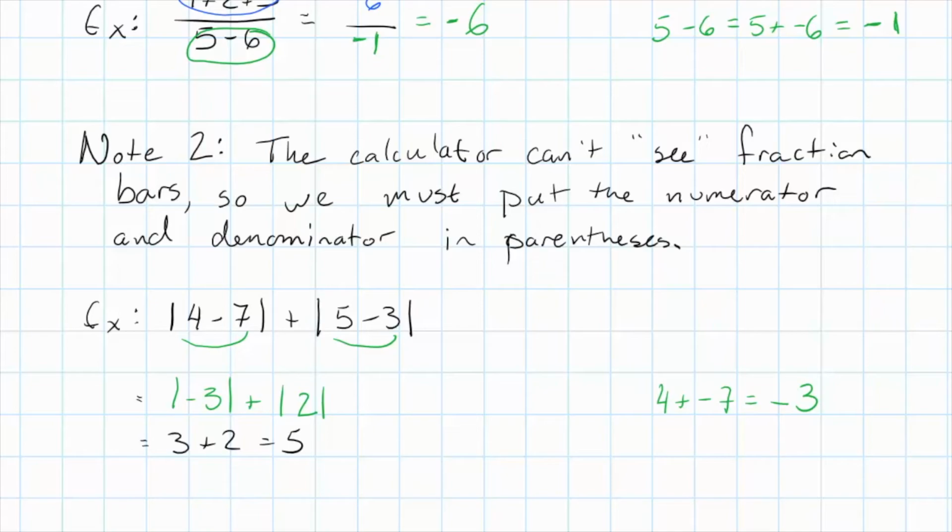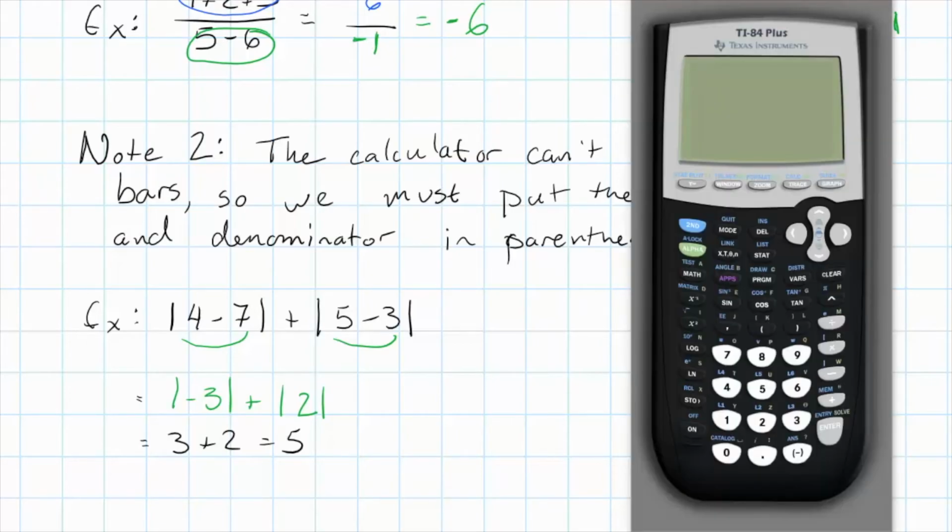Now to enter this into the calculator, we need to know how to enter the absolute value in the calculator. There isn't a key for the absolute value, but it can be found in the Math menu. Hit the right arrow once to get into Num, and the very first option is ABS for absolute value. Now notice ABS comes with an open parenthesis.